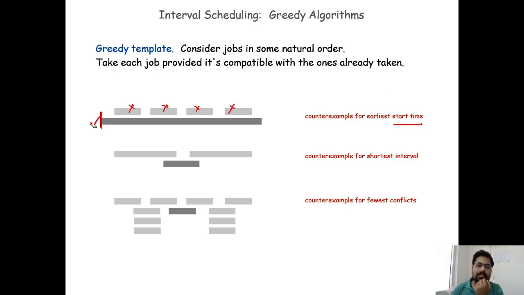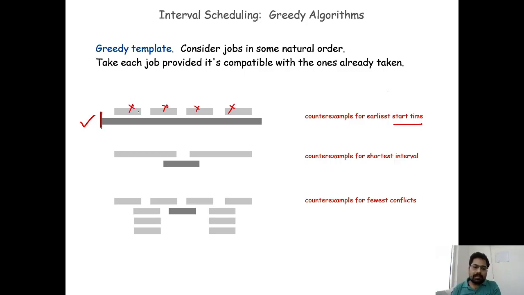Why? Because the earliest starting time is not an issue, I'll pick the earliest starting time. The other jobs are overlapping jobs for it, and if they are overlapping, I need to remove them.